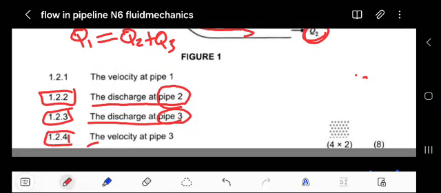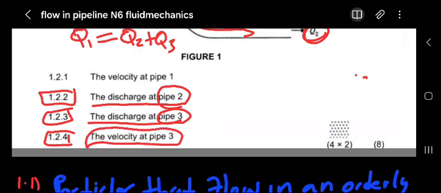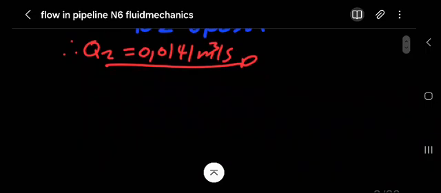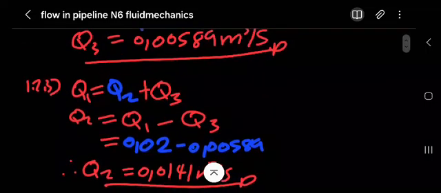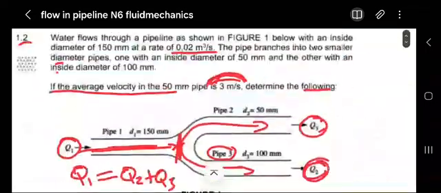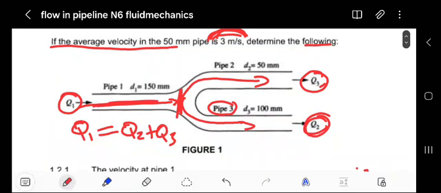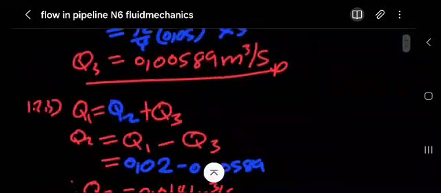1.2.4 says the velocity at pipe 3. We are still under this pipe, and we have calculated Q2.